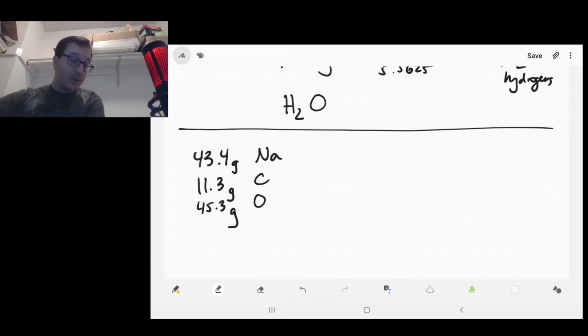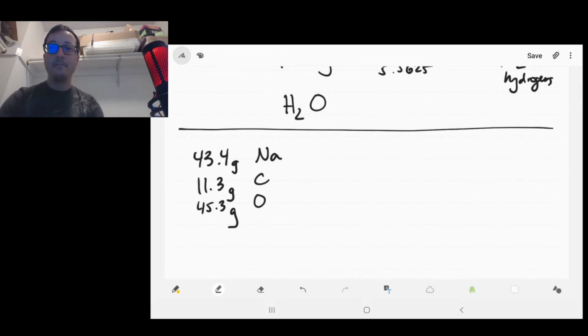I'm looking at 100 grams because that's the easiest to do. Ta-da! So you can either be given grams or percentage. Doesn't matter. If it's grams already, go ahead and use it. If it's percentages, just erase the percent and write gram instead.